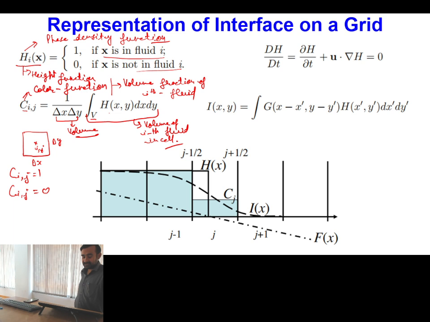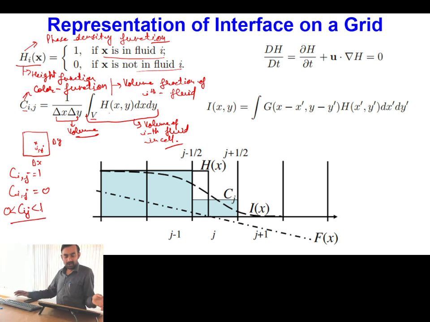And the cell which is partly containing the ith fluid and partly containing the other fluid, their value of C_i,j can vary from 0 to 1. All are clear with this point? So the color function, or volume fraction function, is equal to 1 if the cell is fully filled with the primary fluid or ith fluid which we are considering, equal to 0 if the cell is not filled with that fluid, and between 0 and 1 for the cell which contains partly the ith fluid and partly the other fluid.